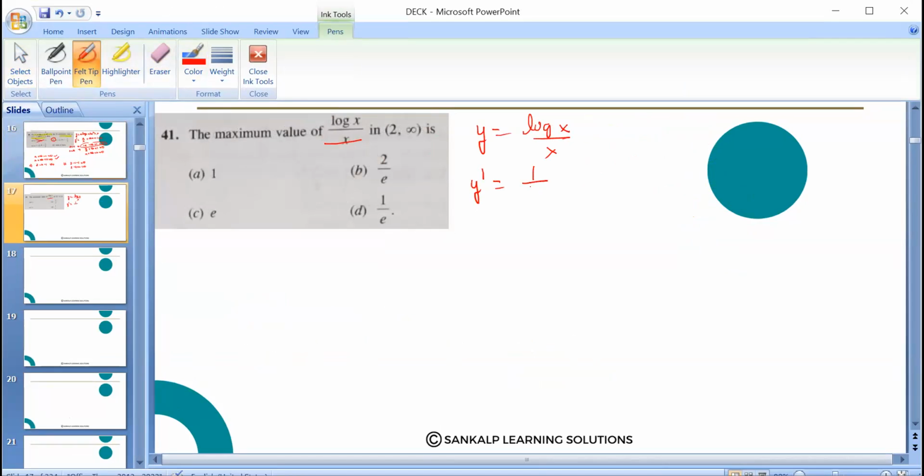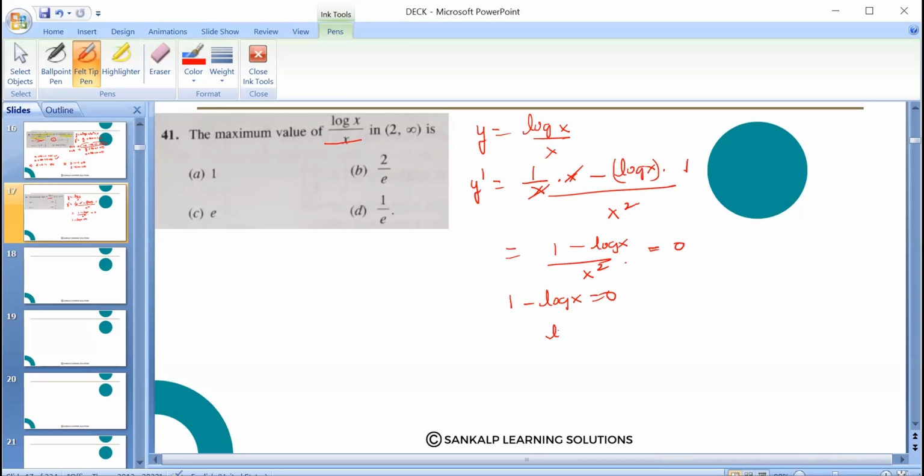Log x derivative is 1 by x into x minus log x into derivative of x is 1, by x squared. So it's 1 minus log x by x squared. Set it equal to 0. 1 minus log x is 0, log x is 1, or x is e.